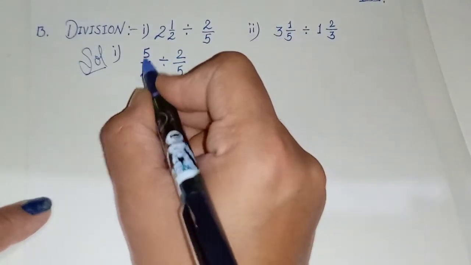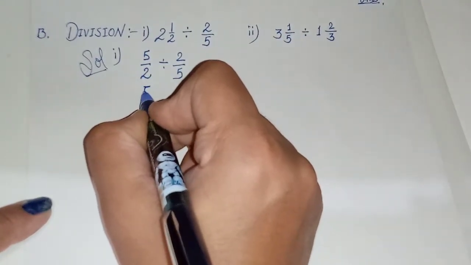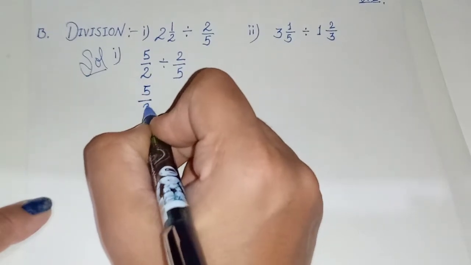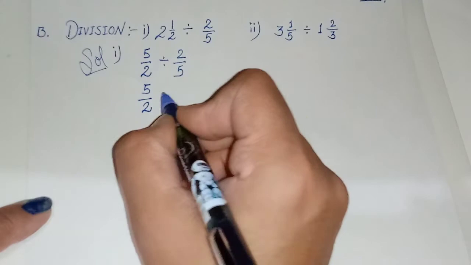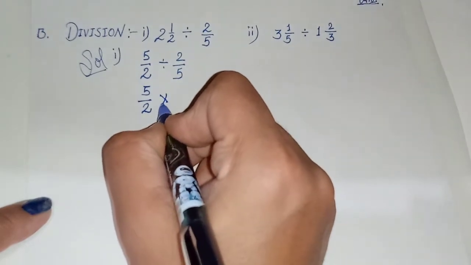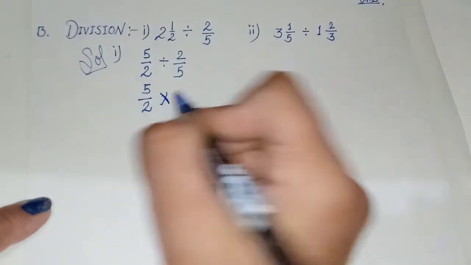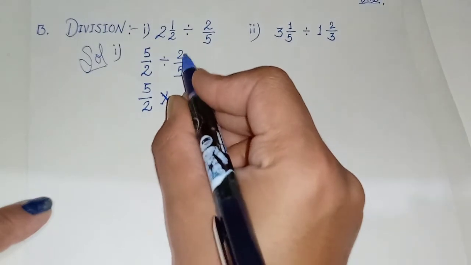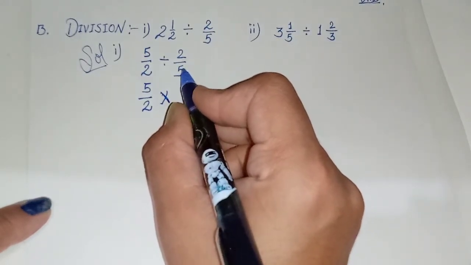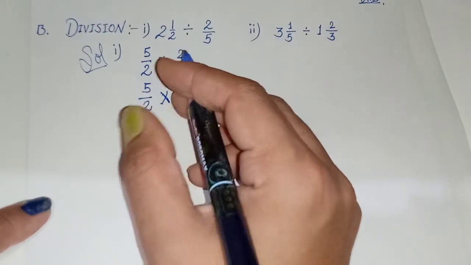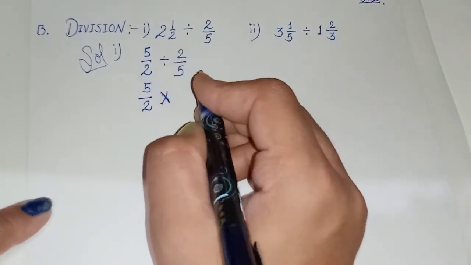See, the first fraction will be written as it is. Then this sign of divide will be turned to multiply. After that, the second fraction, we will write its multiplicative inverse, or you may call it reciprocal also.